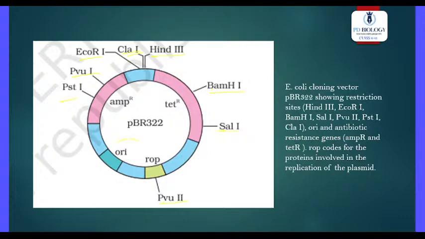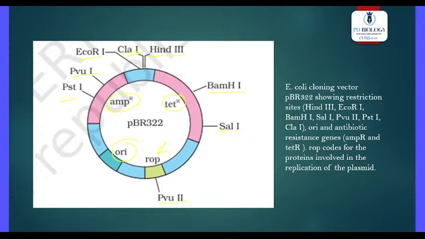This is the origin of replication, and the replication of the plasmid is there. These are the selectable markers, ampicillin resistance and tet-R, both are there.